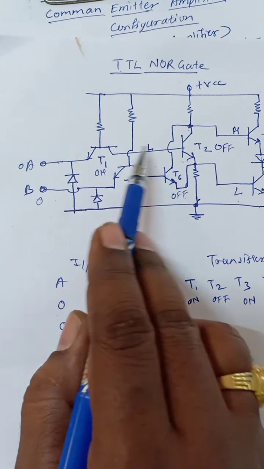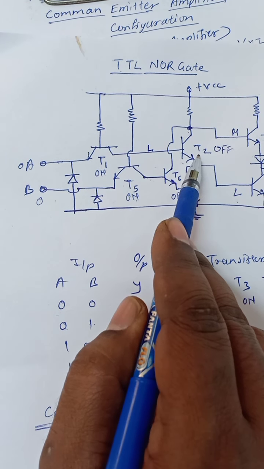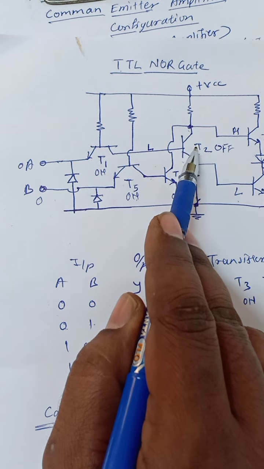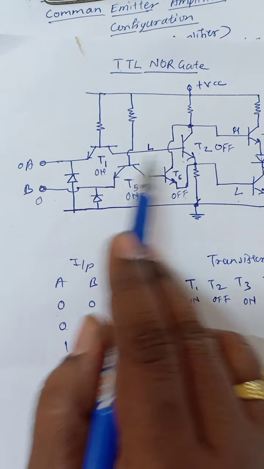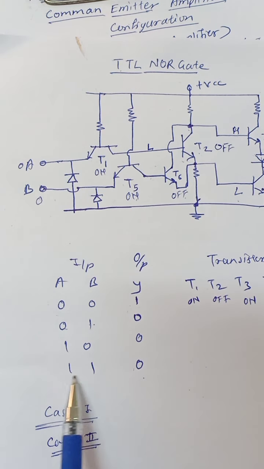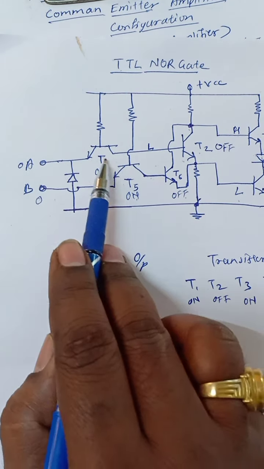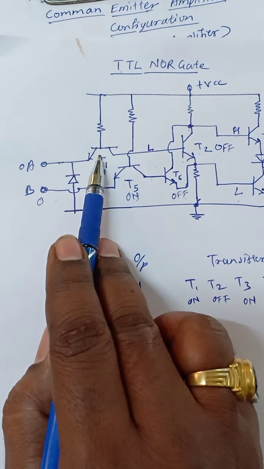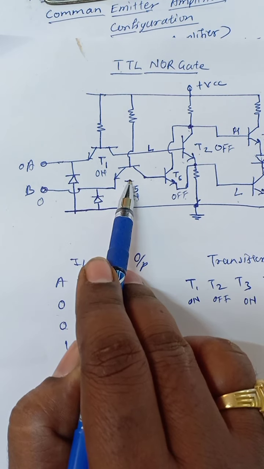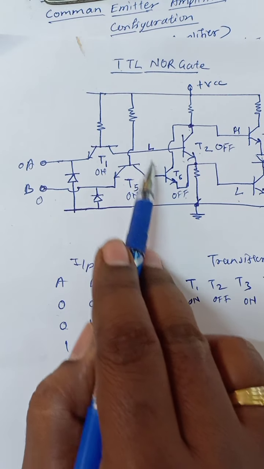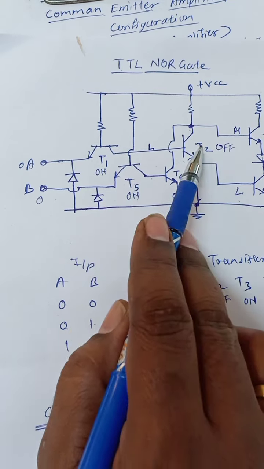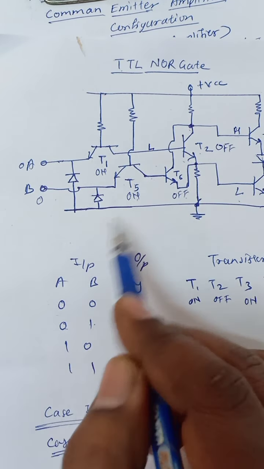When it is turned off, the collector voltage is high and so the other will turn on. In the state 1 1, because of A1 it will turn off and because of B1 it will turn off. Both transistors turn off, the collector voltages are high, and because of that both the transistors will turn on.